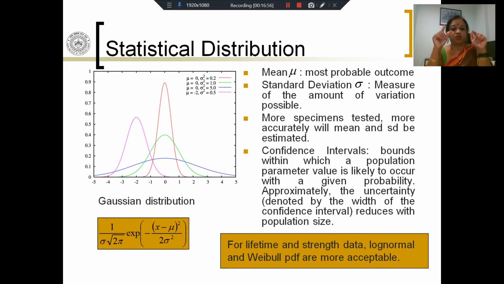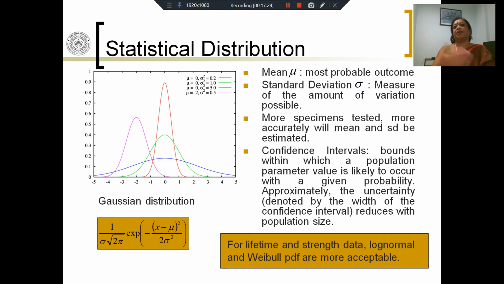So as we have talked about, if the mean value is 30 kV per centimeter, we may not be able to guarantee that breakdown will always happen at 30 kV per centimeter. But if we have a confidence interval of 95%, let's say, we will be able to say that with 95% probability, the breakdown values will lie between two values.